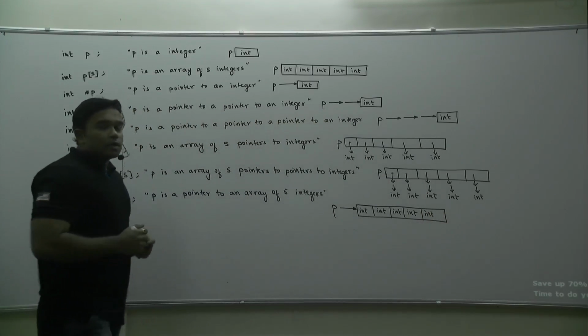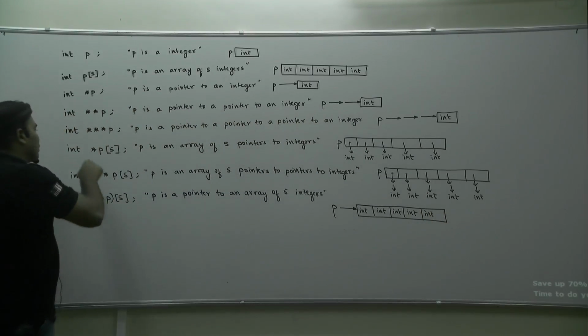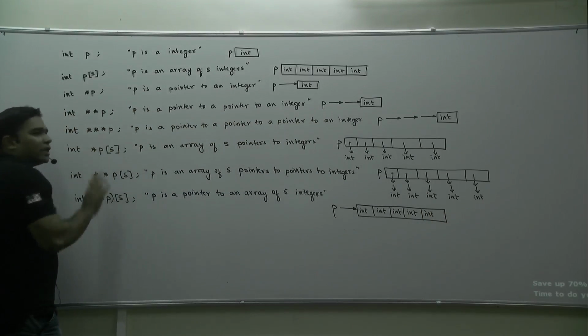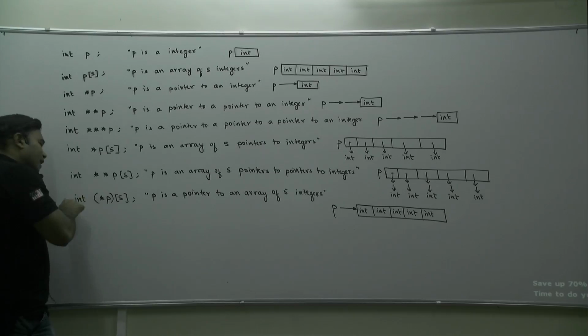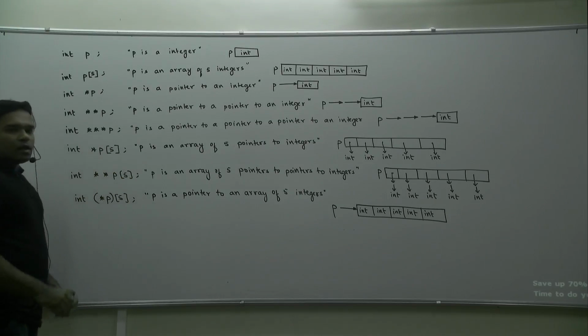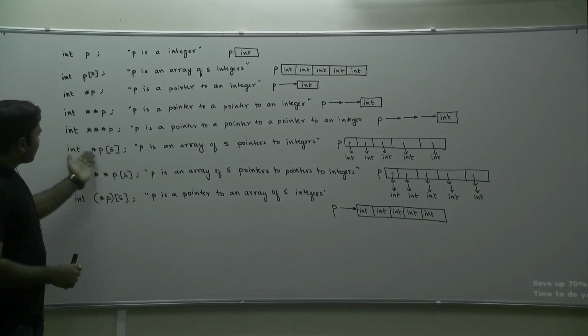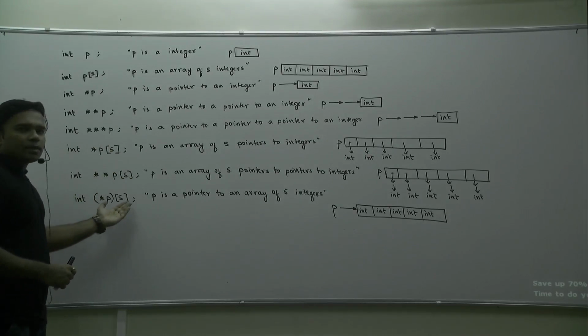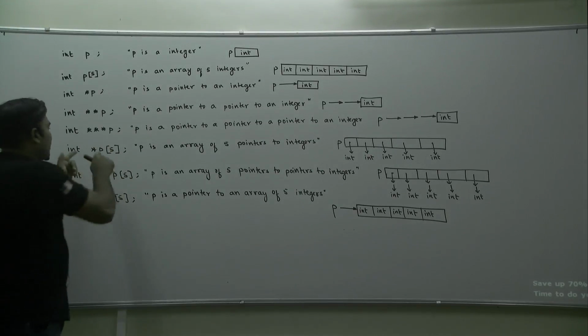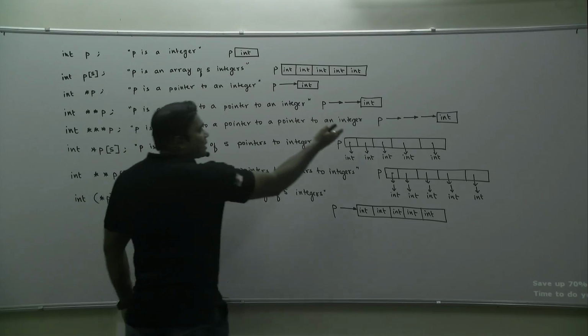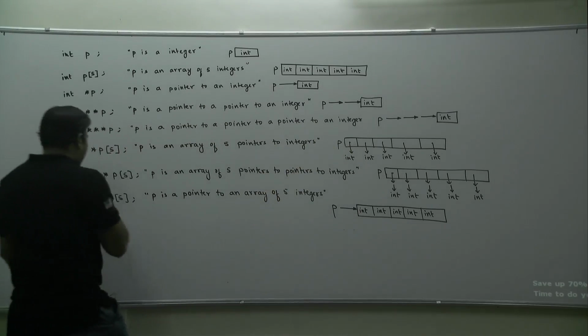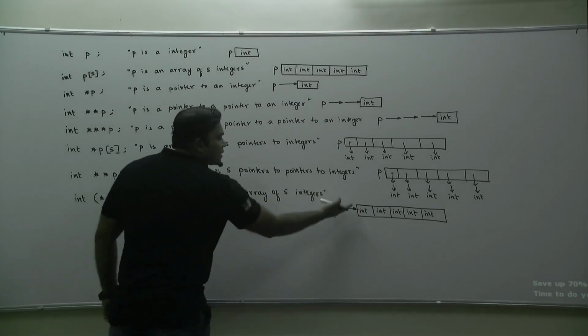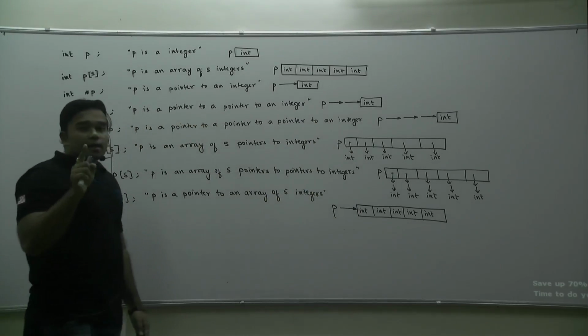Now, some of you will read this as int star p of 5, and this also as int star p of 5. According to you, both are same. But you only think this int star p of 5 is actually this, whereas this int star p of 5 is actually this. Certainly they are different.